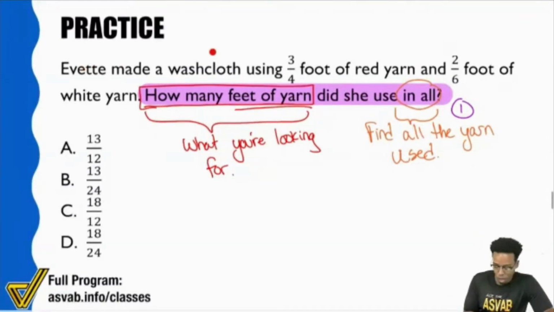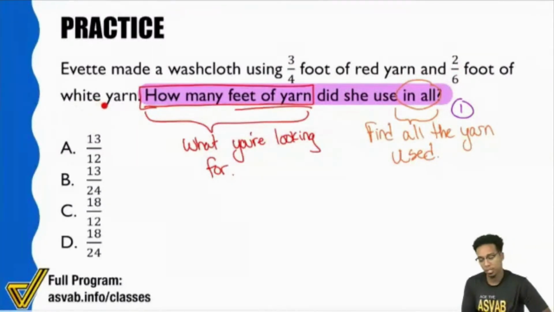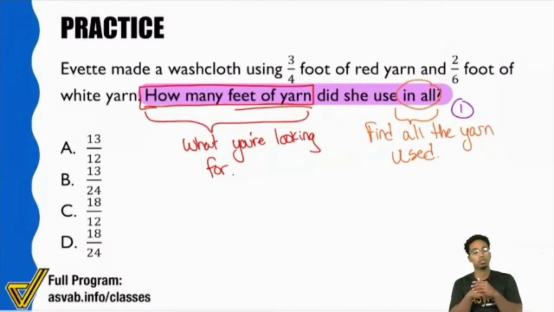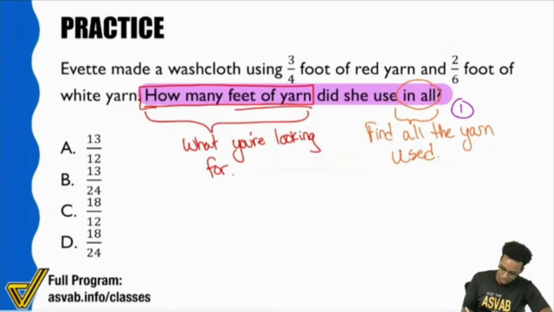Yvette made a washcloth using 3/4 of a foot of red yarn and 2/6 of a foot of white yarn. Okay, sounds good. Yvette made a washcloth using 3/4 of a foot of red, 2/6 for the white. Okay, so let me go ahead and highlight that right there. Using this much and this much.